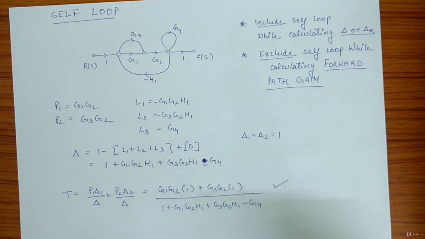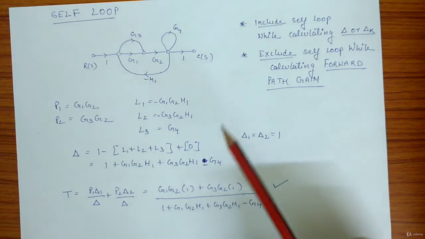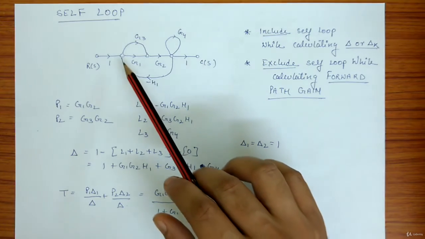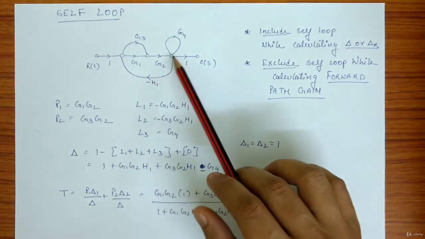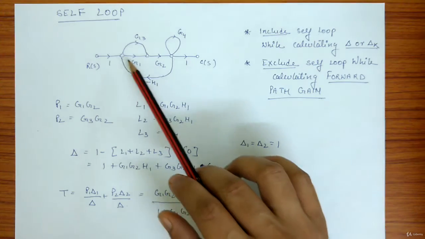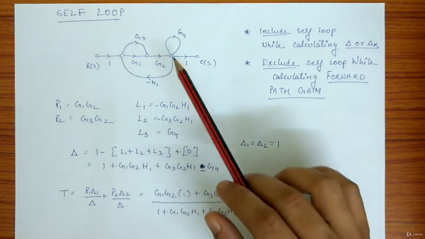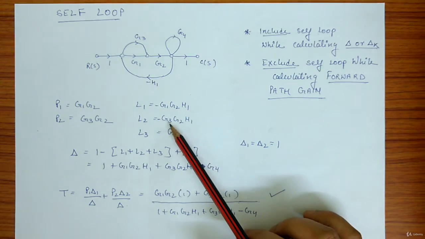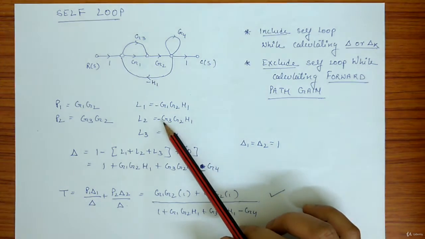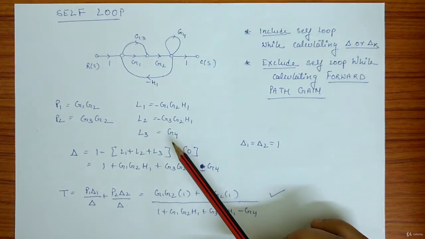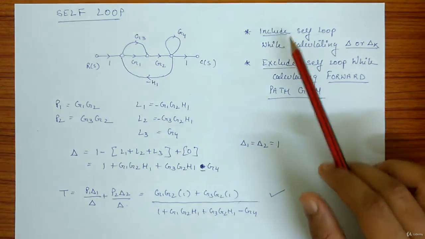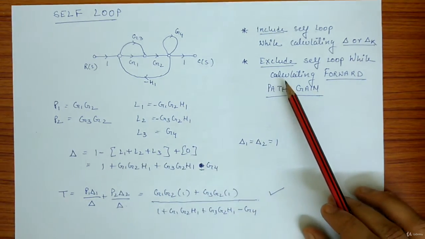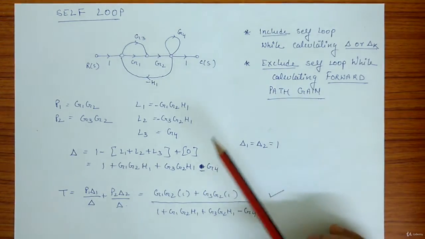Now when I count the loops, then you have to be careful and consider this loop. So I have one loop G3 G2 times minus H1, one loop is G1 G2 times minus H1, and one loop is G4. So L1 is minus G1 G2 H1, L2 is minus G2 G3 H1, and L3 is my G4. So I fulfilled the first criteria here, second criteria here. Now everything goes back to what we were doing in Mason's gain formula.